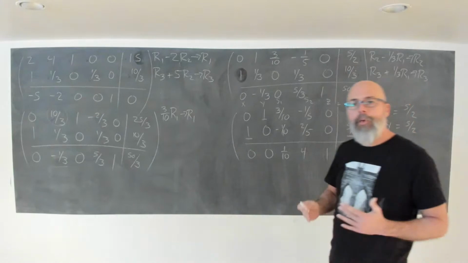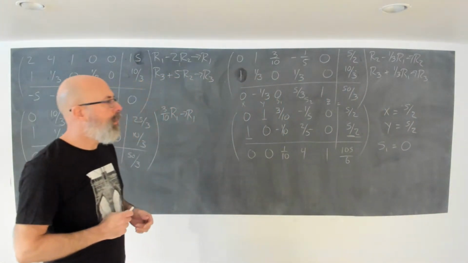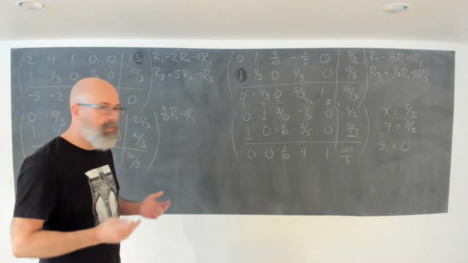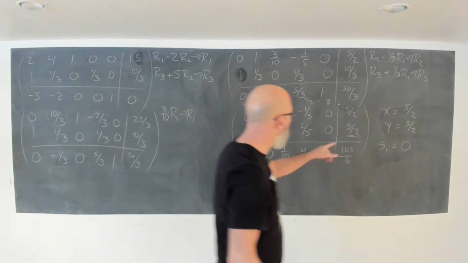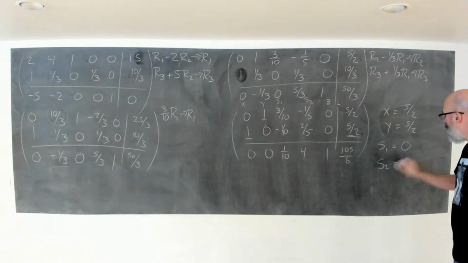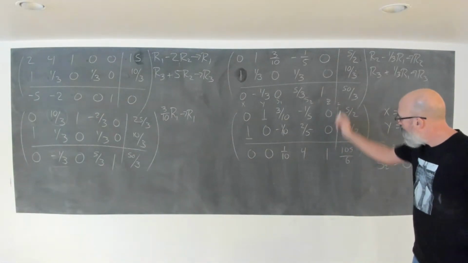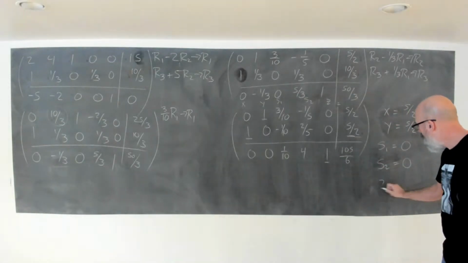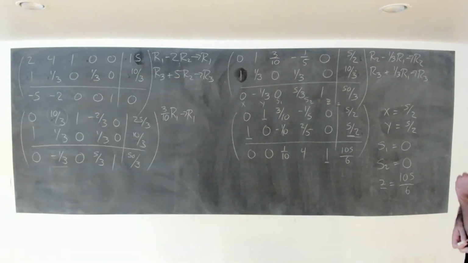So now it differs a bit from matrices, but you would have expected that, because this is not a matrix, but rather a simplex tableau. S2 does not have a leading 1. S2 is 0. Z has a leading 1. Z is 105/6. So somehow I feel these might not be correct.